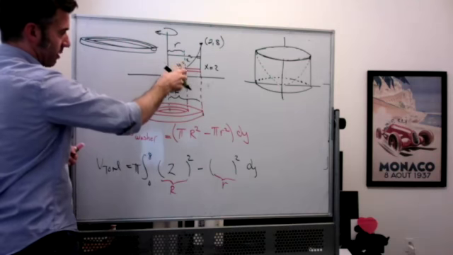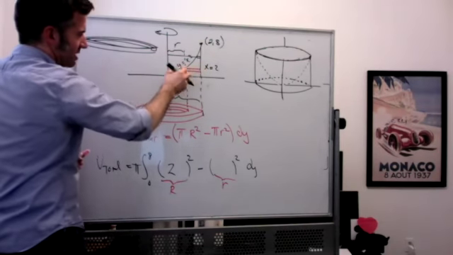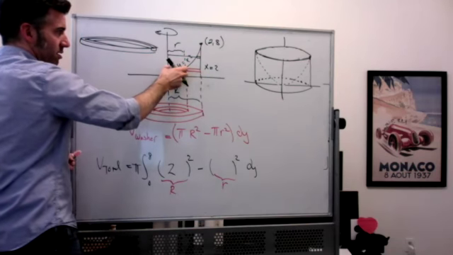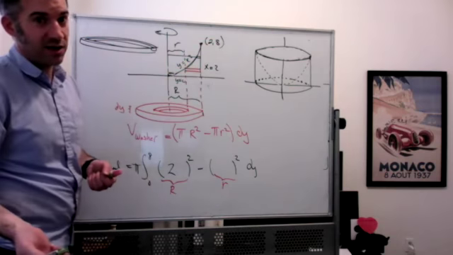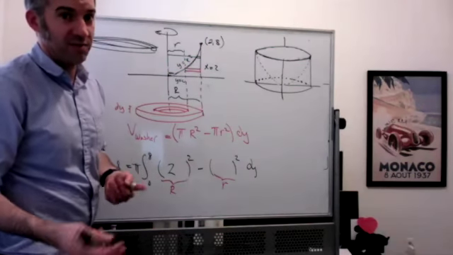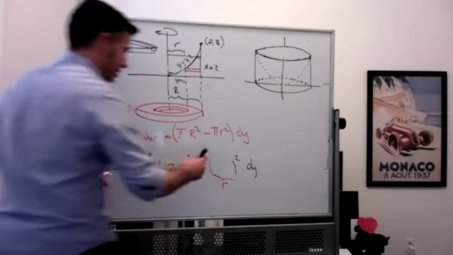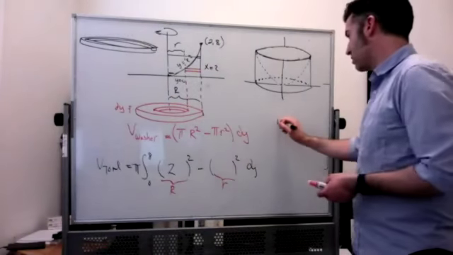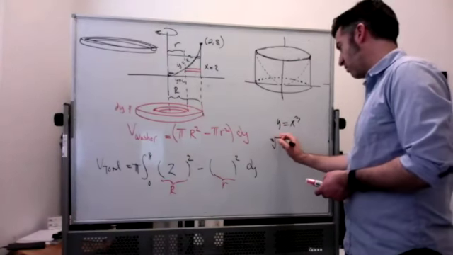But my inner radius here is this distance here. So it's just this function, which is y equals x cubed, but we have to solve for x as a function of y. So this inner radius, the smaller radius, is going to be not y equals x cubed, but x equal to the cube root of y.